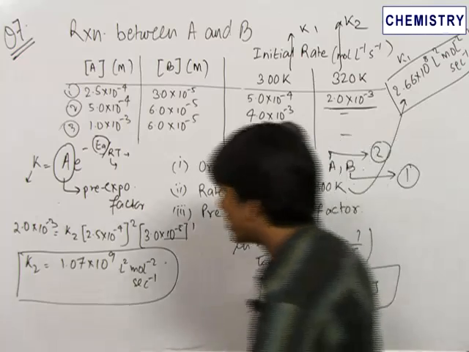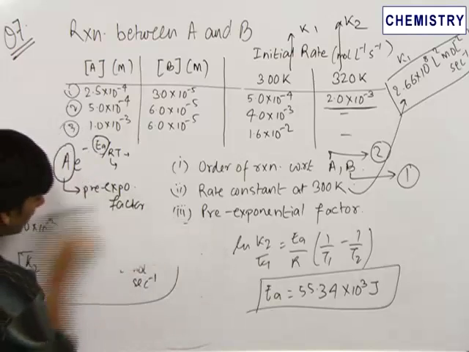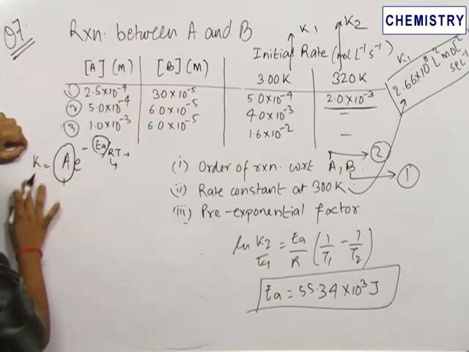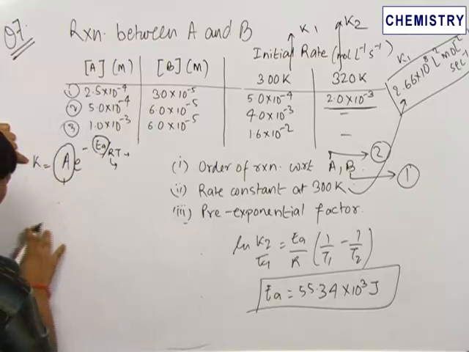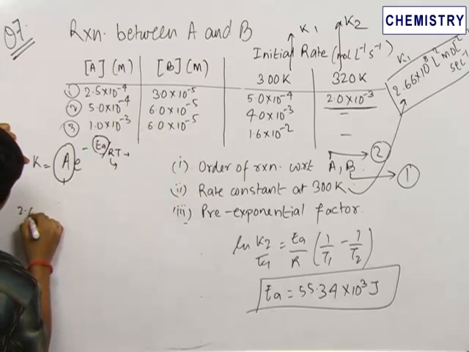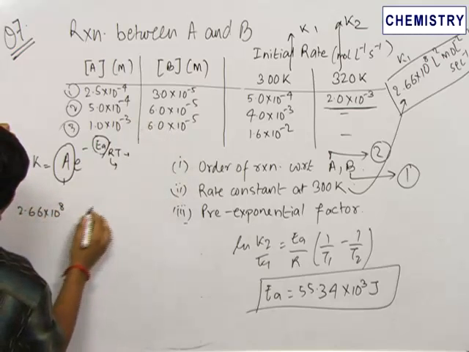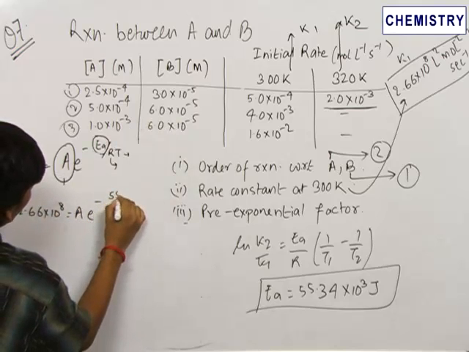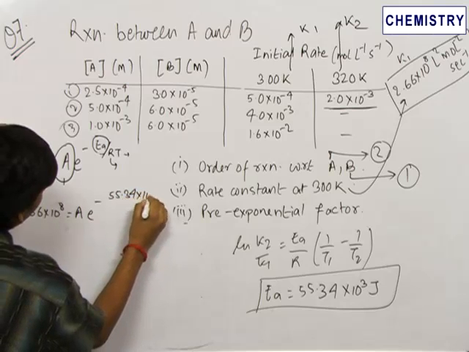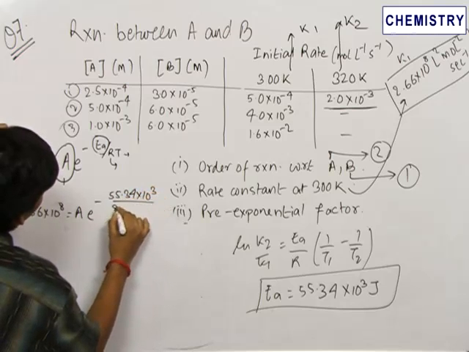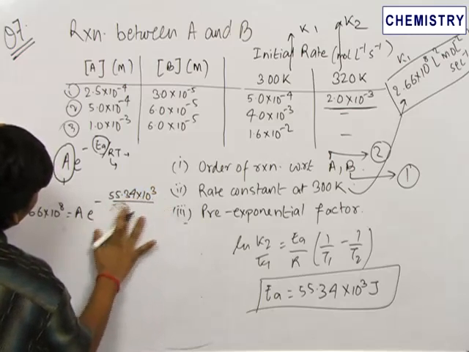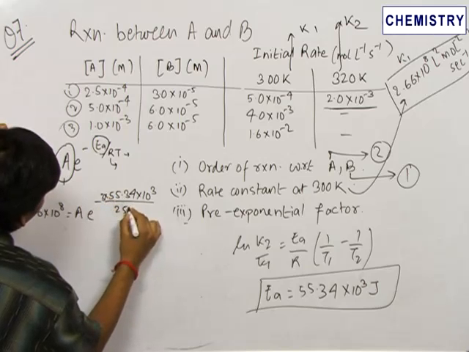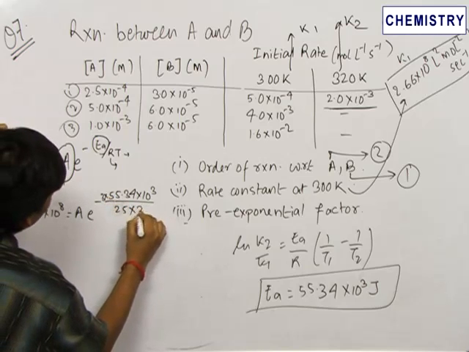Now since we have the activation energy, we'll use it to find out the pre-exponential factor. The value of K at 300 Kelvin was 2.66 into 10 raised to power 8. This is equal to A into e raised to the power minus of 55.34 into 10 raised to power 3 upon 8.3, or rather we can write this as 25 by 3 into temperature, that is 300 Kelvin.